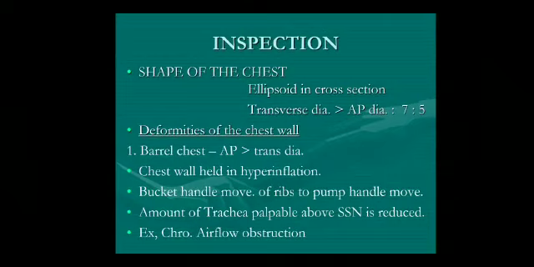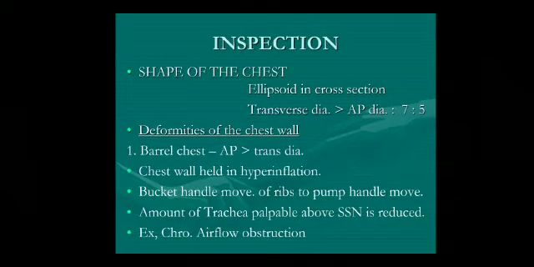One is the barrel shaped chest. Here there will be an increase in the anteroposterior diameter of the chest. Usually the ratio of transverse to anteroposterior diameter is 7:5, but here the anteroposterior diameter will increase. So the shape of the chest will be barrel. This is usually seen in chronic obstructive lung disorder like emphysema.